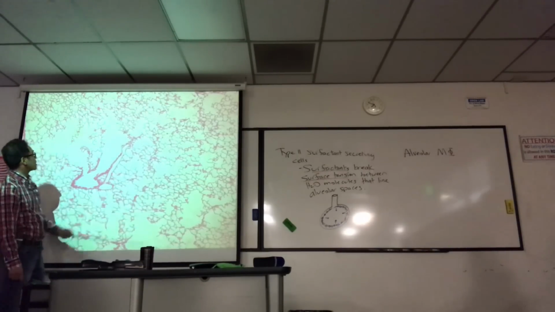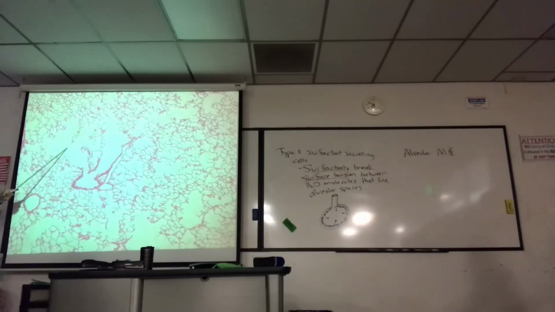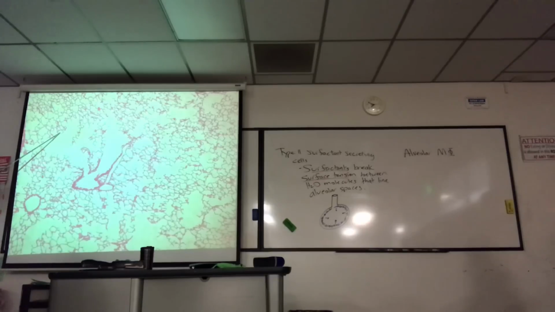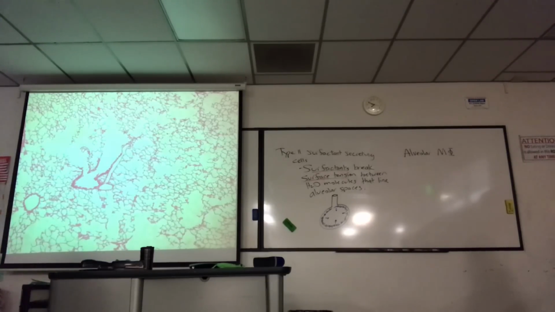Okay, so I could ask you that, alveolar sac. What do you think this is? If it looks more like a hallway, it's a duct. If it looks more circular, it's alveolar sac, and if I'm pointing to an individual one, I'm going for alveolus. So those are the different things you have to look for. Bronchiole, alveolar duct, alveolar sac, alveolus.